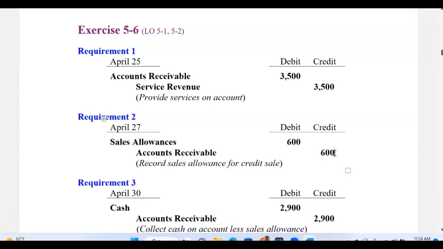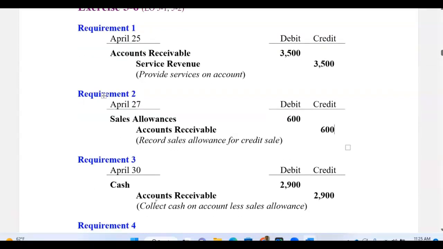That's a credit. So in this situation, what is the net sales? Net sales is sales, $3,500, less sales allowance of 600, which is a contra account to sales. And net sales will be 2,900, 35 minus 6.